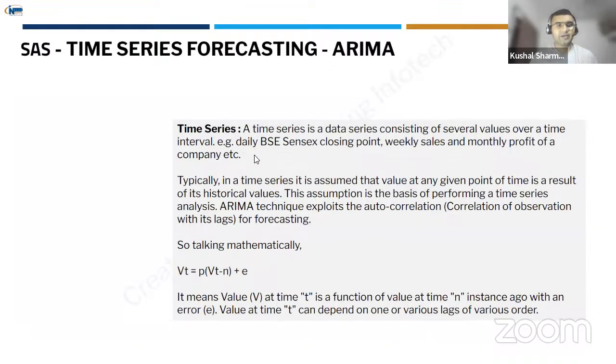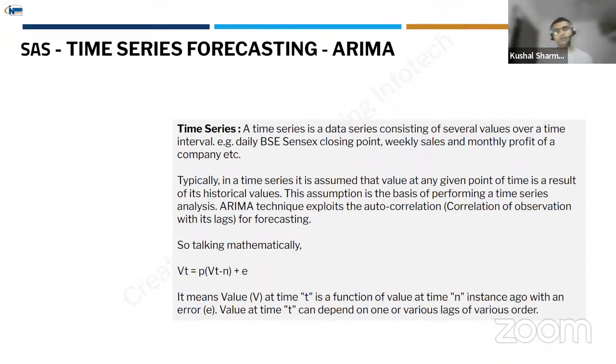Okay, so the first chapter is introduction to time series. Let us understand. A time series is a data series consisting of several values over a time interval. Example, daily BSE Sensex closing point, weekly sales and monthly profit of a company, etc. So typically in a time series, it is assumed that the value at any given point of time is a result of its historical values.